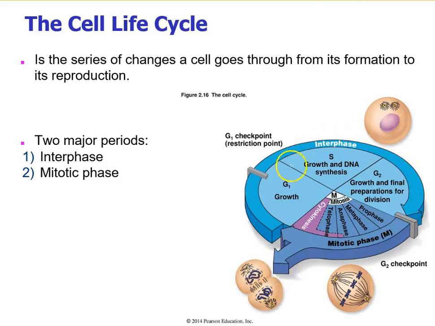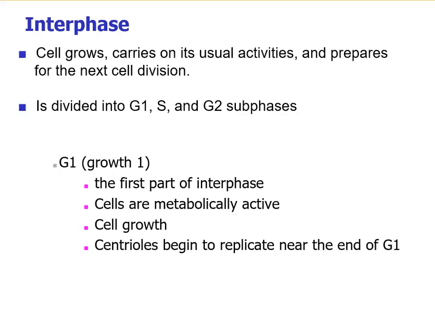So as you can see, the interphase is before mitotic phase, which is kind of making the cell ready for division. Okay, let's study the interphase, and guess what should happen during the interphase? Obviously, it is a time when the cell is actively doing its day-to-day activities, but at the same time it's going to get ready to divide.